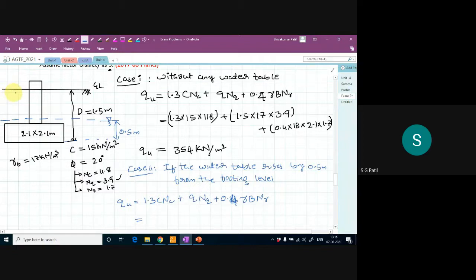If the water table is rising 0.5 meter above the footing level, then what is happening here? This soil is in a dry condition. So this soil is under submerged condition. This much soil is under submergence.